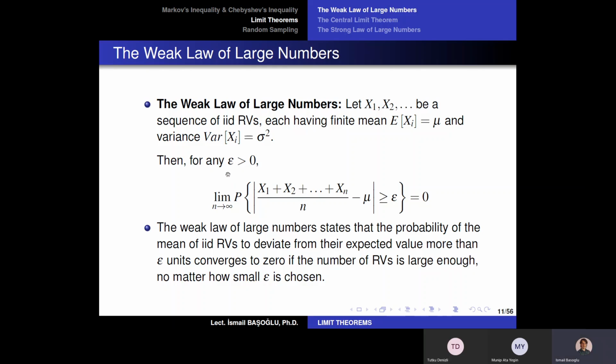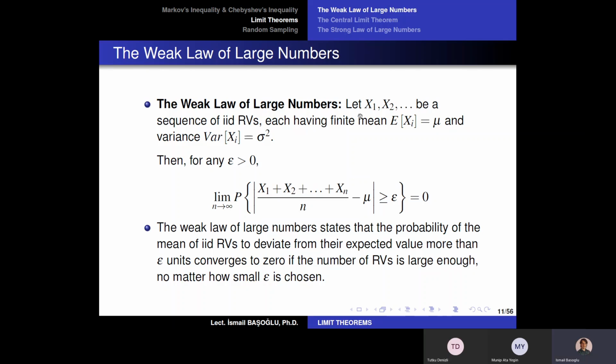For any epsilon, the probability of the absolute value of the average of these random variables in the sequence, so this is the average formulation, right? From 1 to n, I am taking the first n of these random variables to the average. The absolute value of the average minus the expected value of these random variables being greater than or equal to epsilon is going to converge to 0 if you increase the number of random variables in that average.